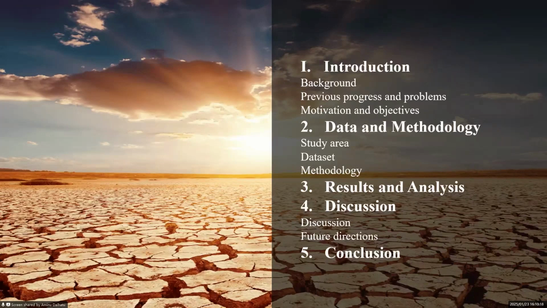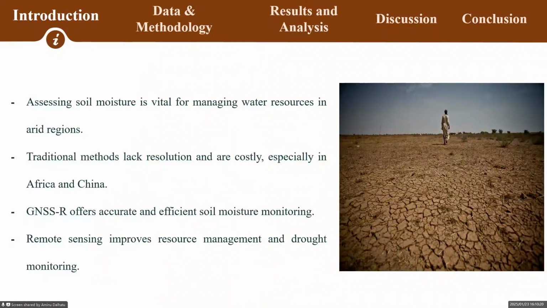Well, it all turns around soil moisture. So basically, accurate soil moisture monitoring or data is so critical to understand the variation of water resources, and especially in arid regions.